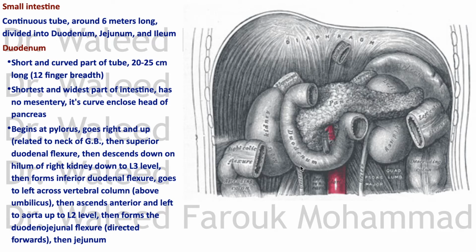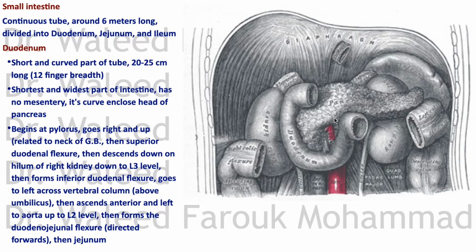Then it turns to the left, slightly raised upwards, crossing the aorta and the inferior vena cava, and this is the third part. And then the fourth part, which is the ascending part, goes back to the L2 level and forms the duodenojejunal flexure, as you can see here.